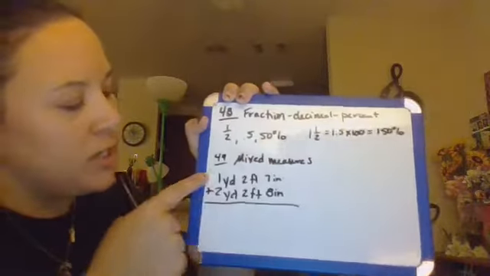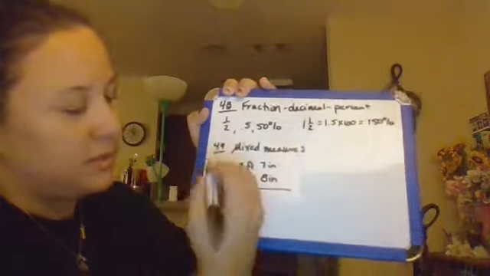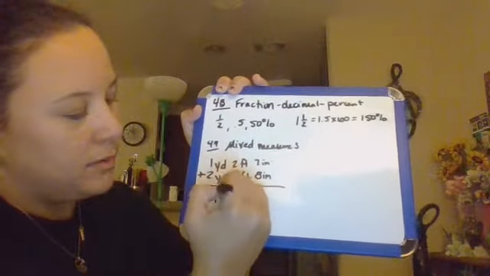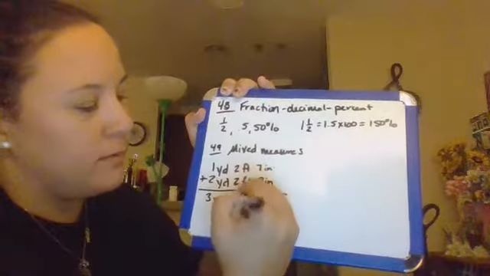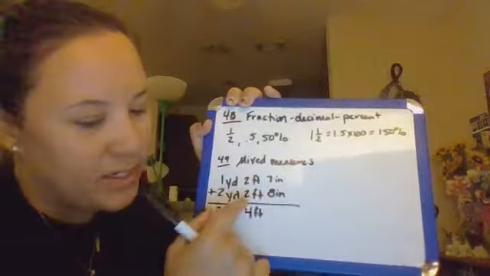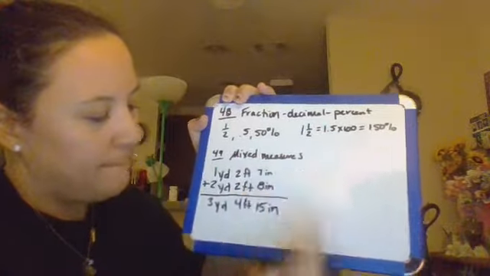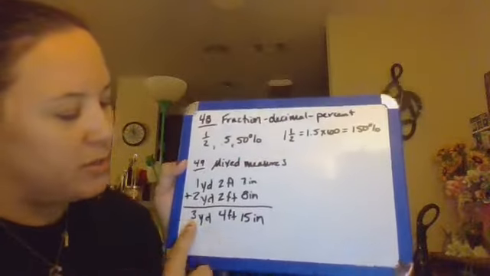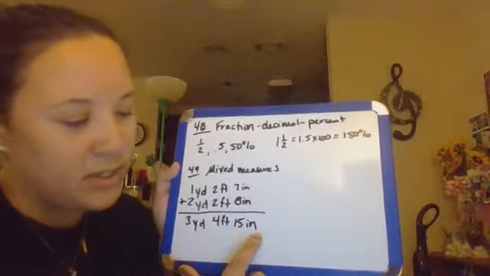So our equation is 1 yard plus 2 yards, that's 3 yards. 2 feet plus 2 feet is 4 feet. 7 inches plus 8 inches is going to be 15 inches. All right, so then the answer here is 3 yards, 4 feet, and 15 inches.